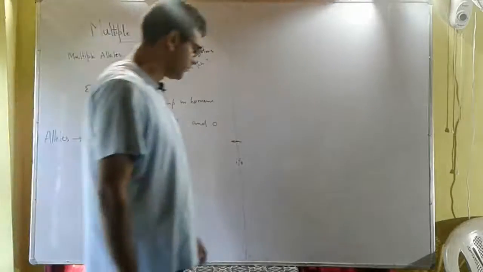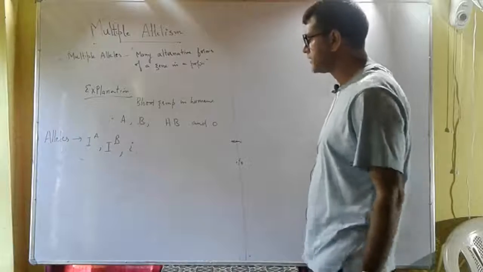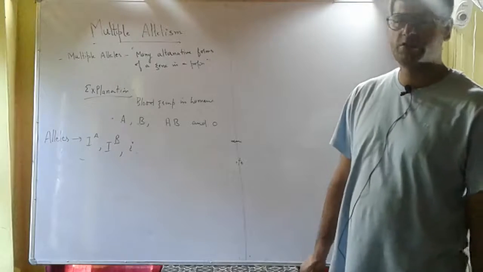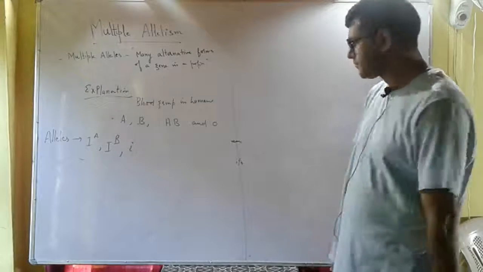This is a case of multiple allelism because there are more than two alternative forms of a gene in a population.